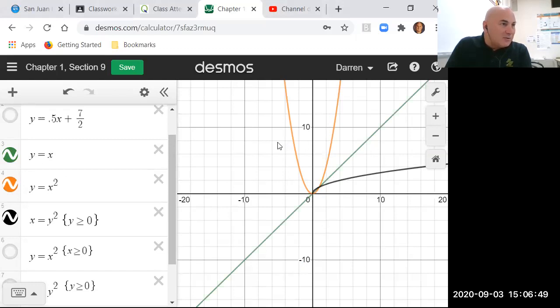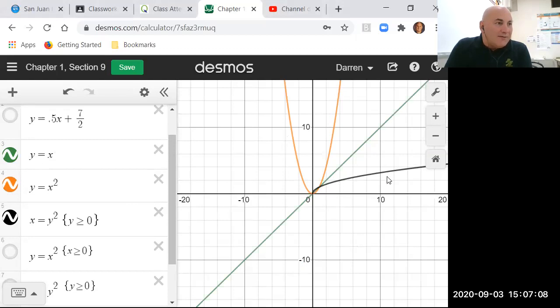So the fact that this original parabola fails the horizontal line test means the other parabola would fail the vertical line test. Well, because we want the square root function to be a function, we limit it. When we say square root, we mean the principal or the positive square root.